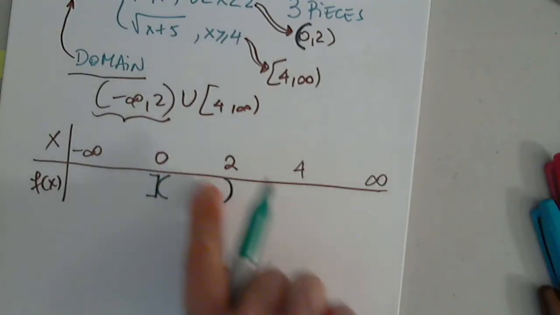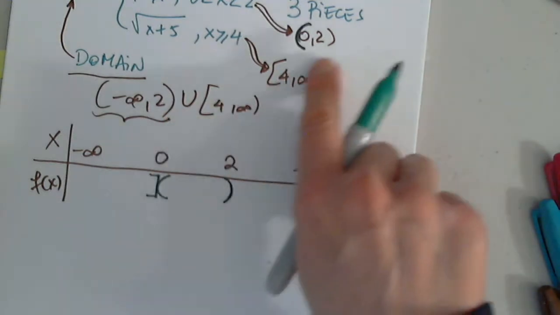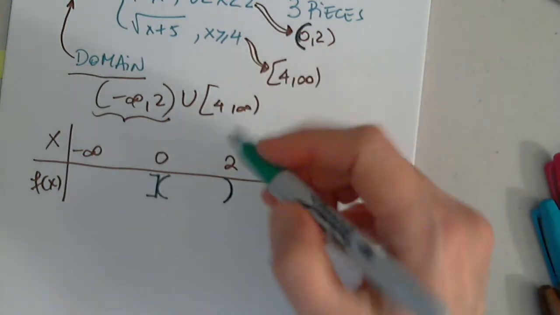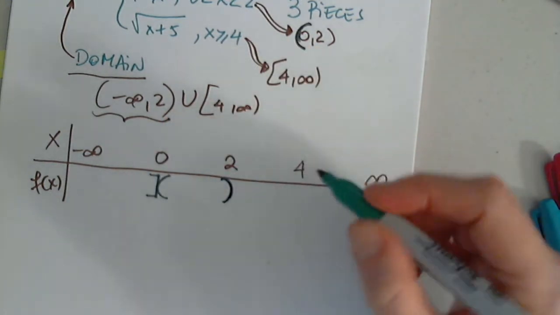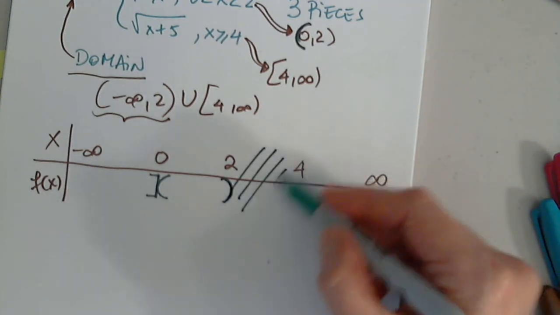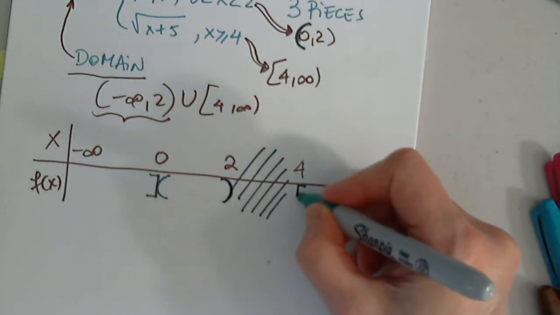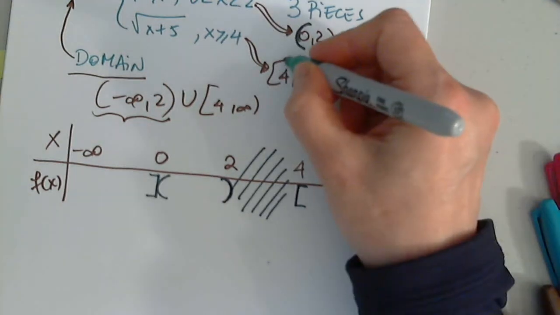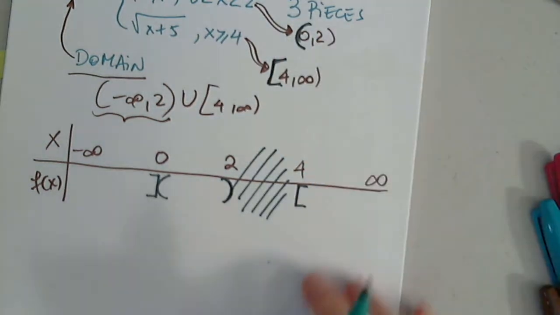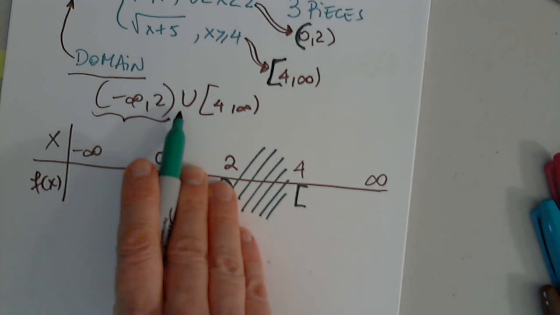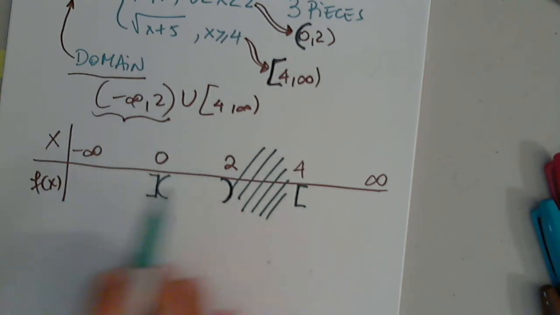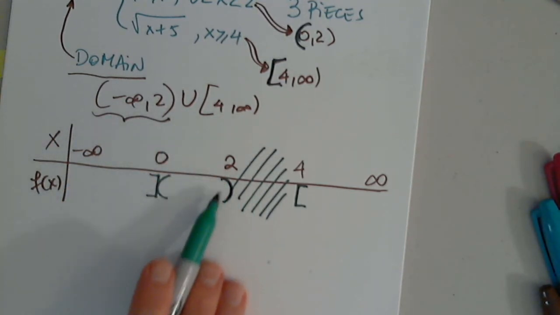I don't have a bracket facing right at 2. Oh, would it be another parenthesis then? Nope, facing right, it will be nothing. And it will be a bracket at 4 facing right. There is a gap. There is nothing I can plug in between 2 and 4, and I cannot even plug in 2.